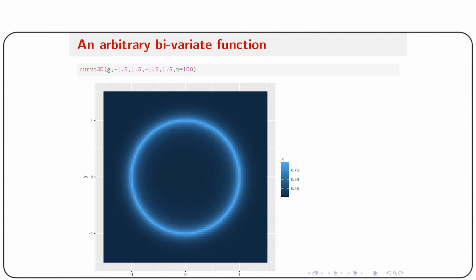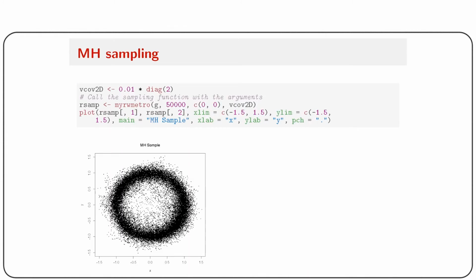And now let's apply the random walk Metropolis-Hastings algorithm to generate a sample from this density, this function. Here is the example.